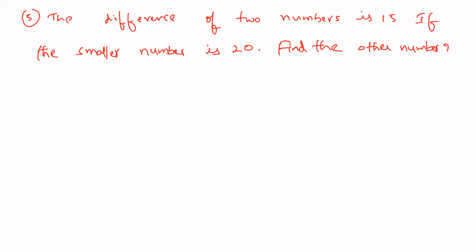Next, the difference of two numbers is 15 and the smaller number is given. Sahas, unmute yourself. Say the answer. A minus B is equal to 15. If the smaller number is 20, instead of B we have to write 20.